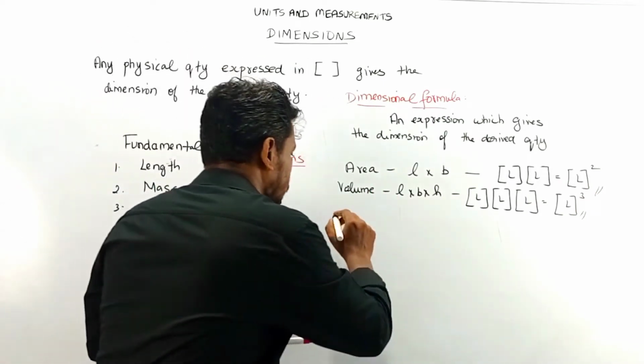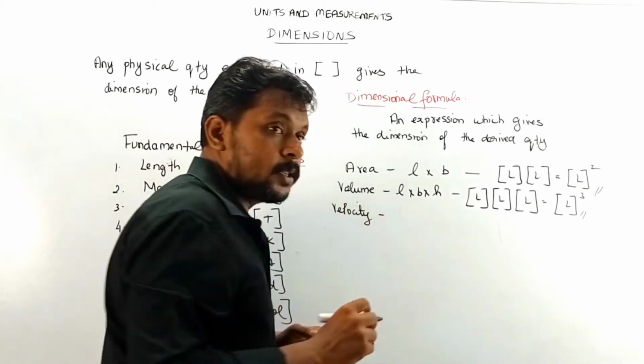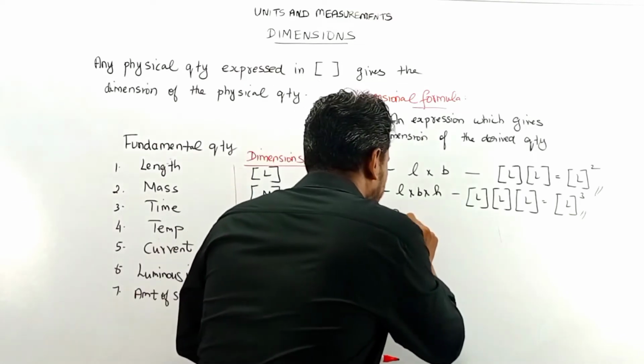Another quantity we can take is velocity. What is the formula for velocity? Displacement by time.